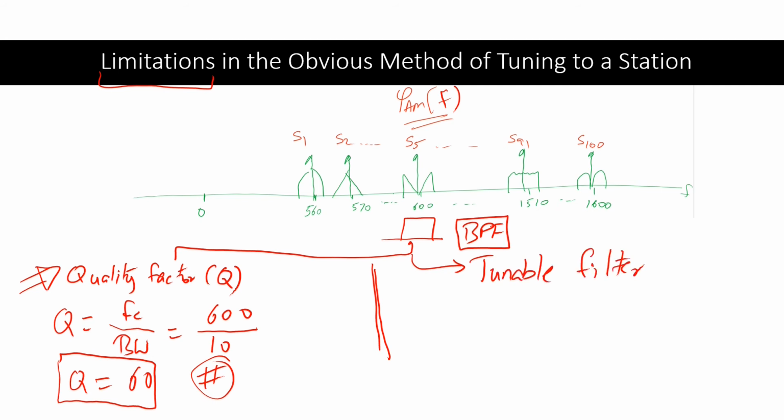So having a filter which has a high quality factor and on top of that is tunable, so that we can tune it to 570, 560, 600 and so on, really complicates the circuit. So we need to find some alternate solutions for the demodulation of a given station among a number of different candidate stations.